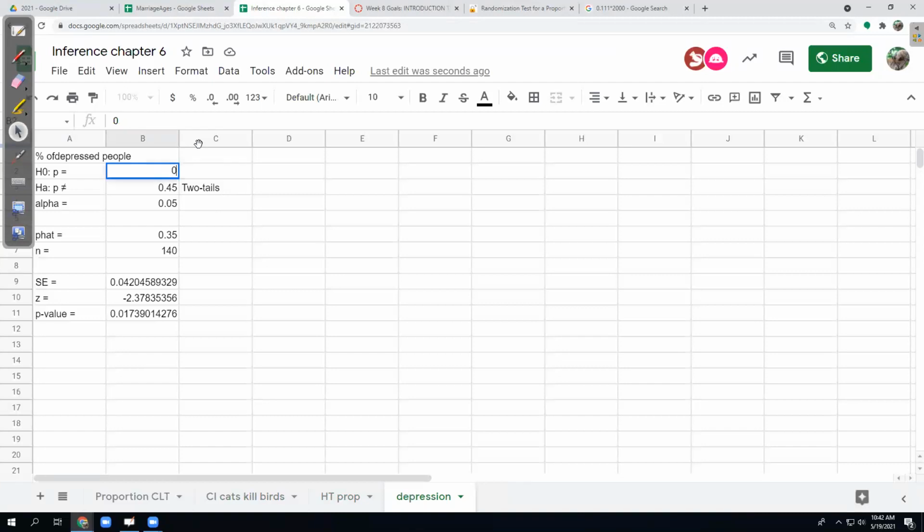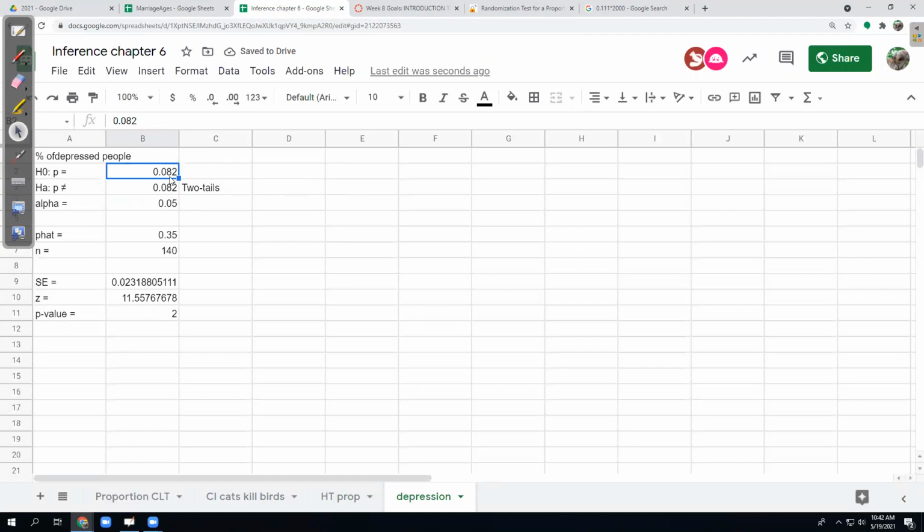So P is 0.082. And then I set the spreadsheet up so that it just copies the alternative hypothesis from above. So to do something like that, you just go equals, grab whatever that number is. So then anytime you change this number, that one will change too.